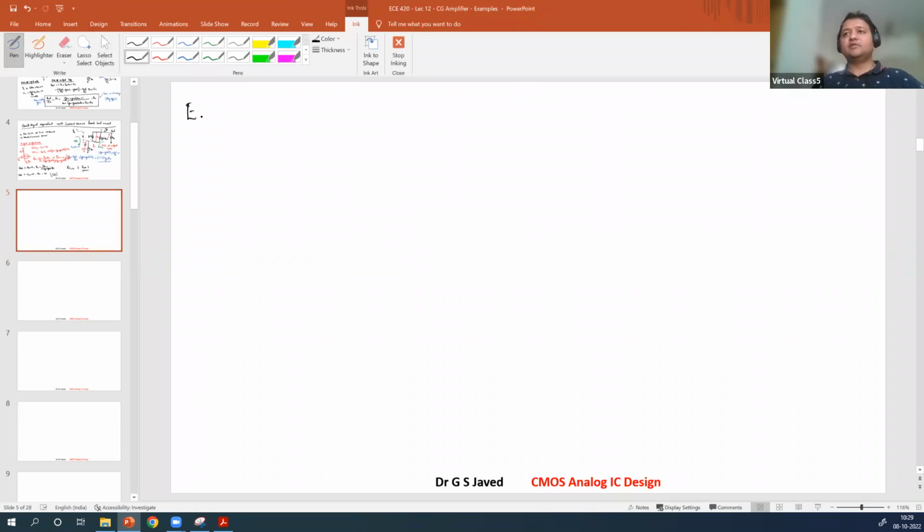Because learning by example is my favorite way of learning. So what is the example we can do? For a typical exam question, say you are asked to find the small signal gain for this kind of circuit. It is the first time you are seeing cascaded devices, but this cascade is familiar to you.